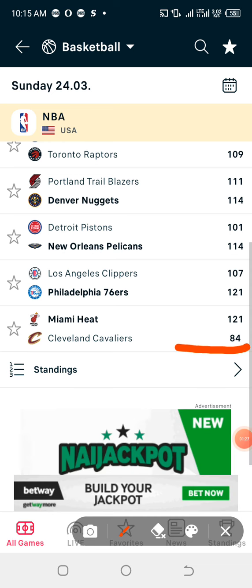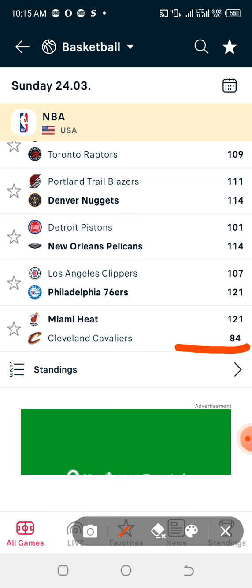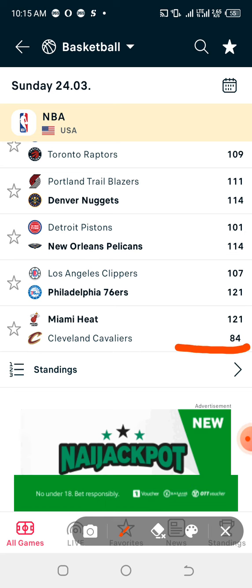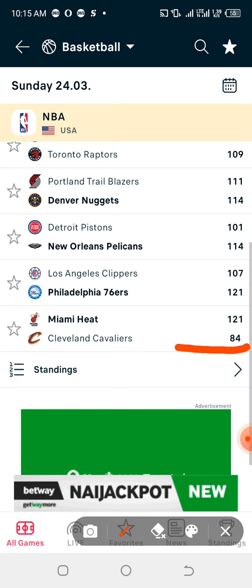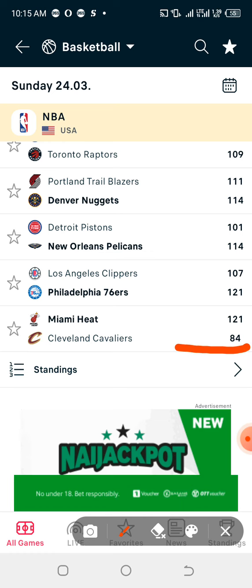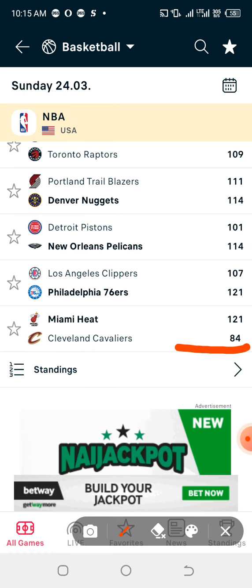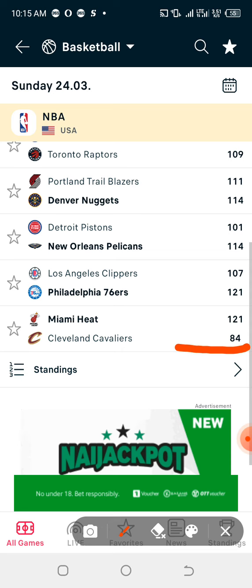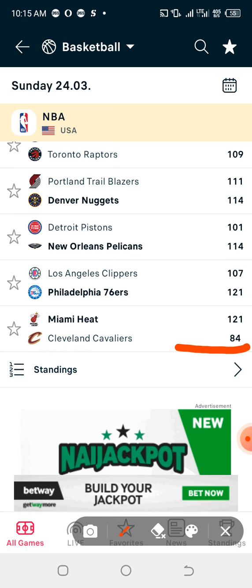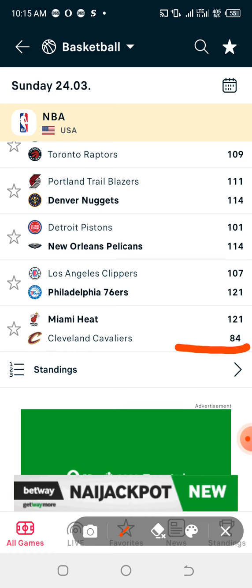By adding these two together, surely we get 205, and this is not a very good total for a game of NBA basketball. In NBA, sometimes you see outcomes of 260, 270, and when the match ends at maybe 199, 205, 200, there is high probability that many people would have lost on that game.